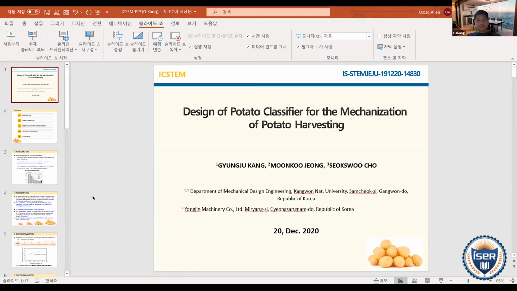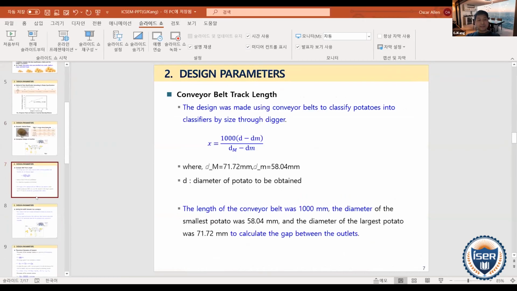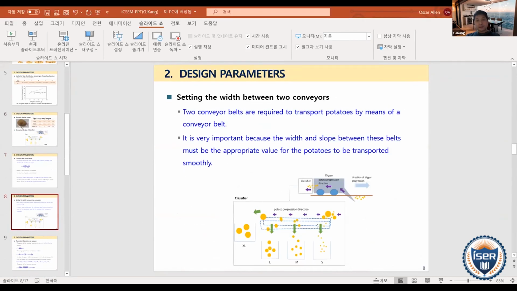To sort the potatoes from small size to large size, I introduced the mechanism of using a conveyor belt. Okay, have you made any design with any software and mechanism study on this?